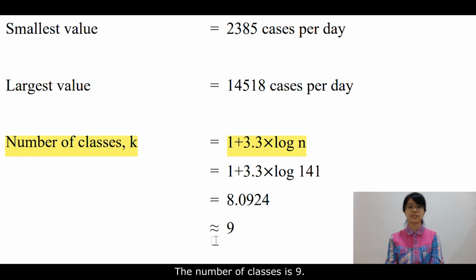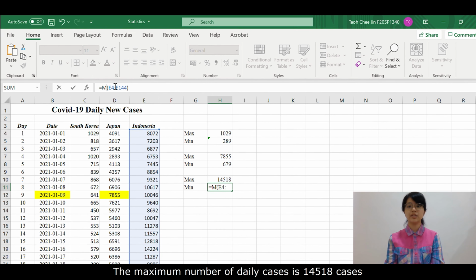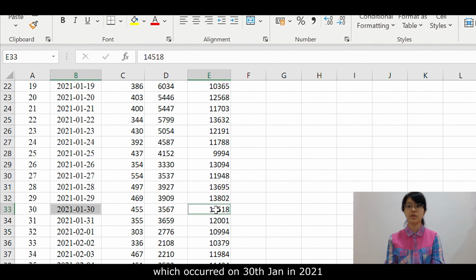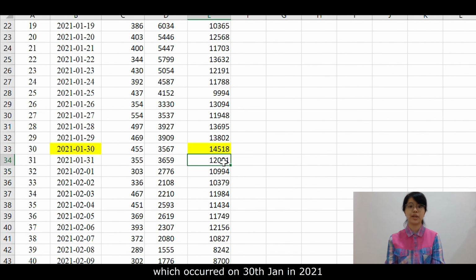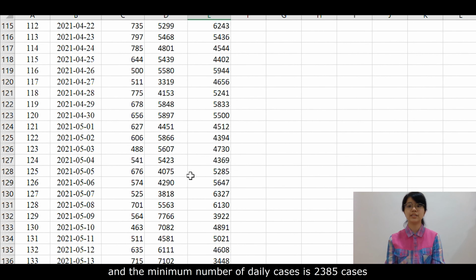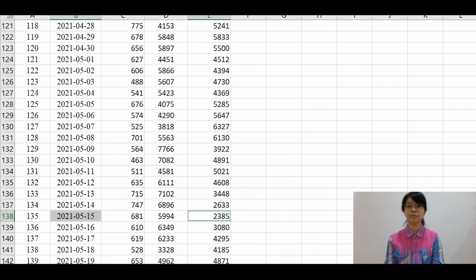The number of classes is 9. The maximum number of daily cases is 14,518 cases, which occurred on 30 January 2021. And the minimum number of daily cases is 2,385 cases, which occurred on 15 May 2021.